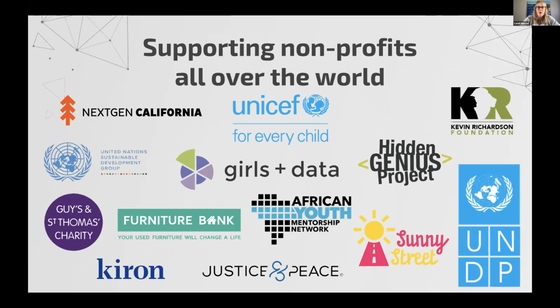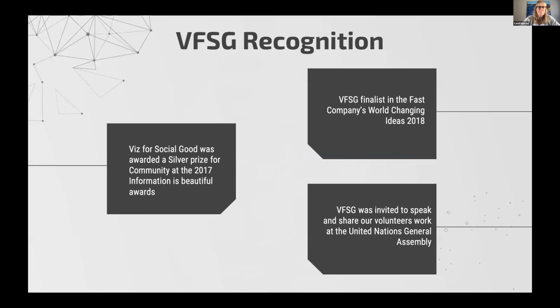These are some of the nonprofits that we've worked with: the African Youth Mentor Network, UNICEF, Sunny Street, and Kiron. So lots of different facets, lots of stuff about women in politics as well. Anything nonprofit using data, we try to chip in and give our assistance.